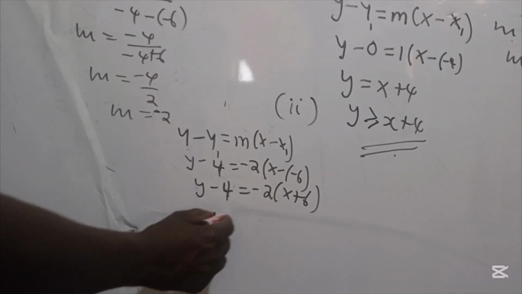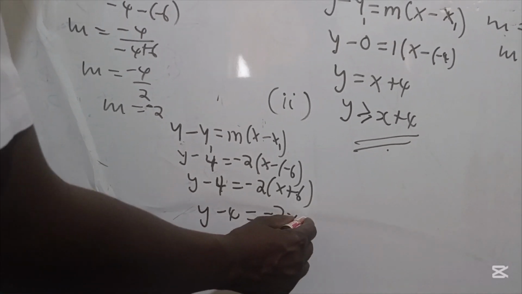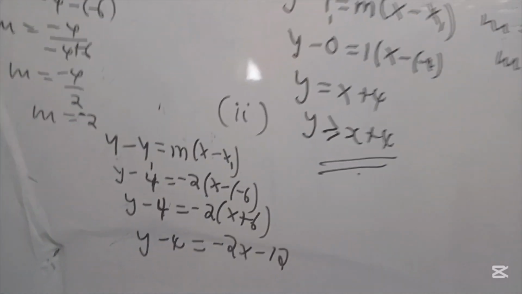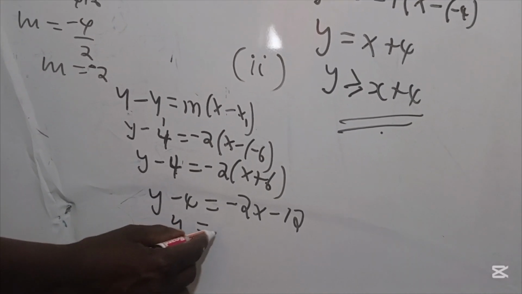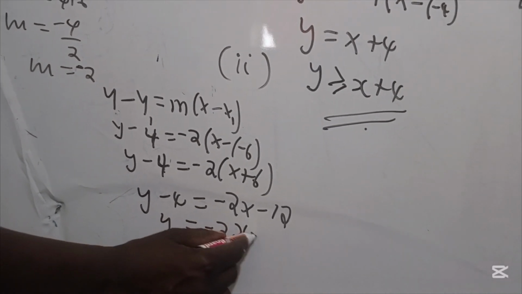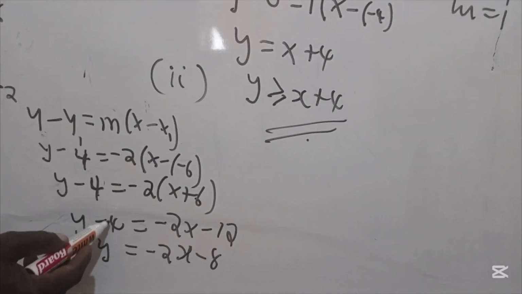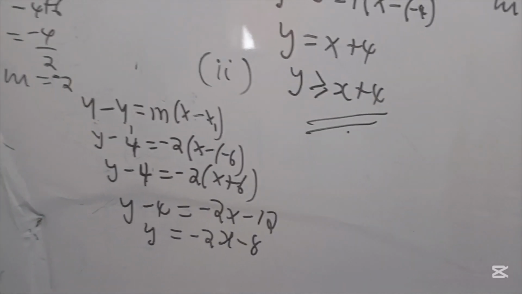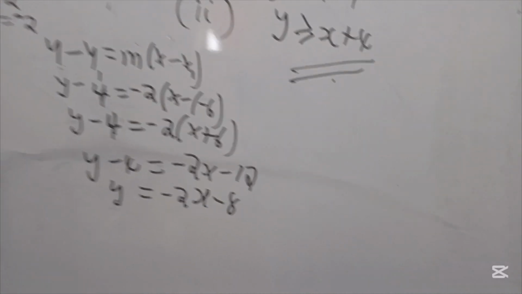It is simple. This is negative 2x minus 12. So this 4 goes there and becomes positive. You are going to agree with me that it will be negative 2x minus 8. Why have you gotten the 8? Because this 4 goes there and becomes positive, so it will be negative 12 plus 4 equals negative 8.